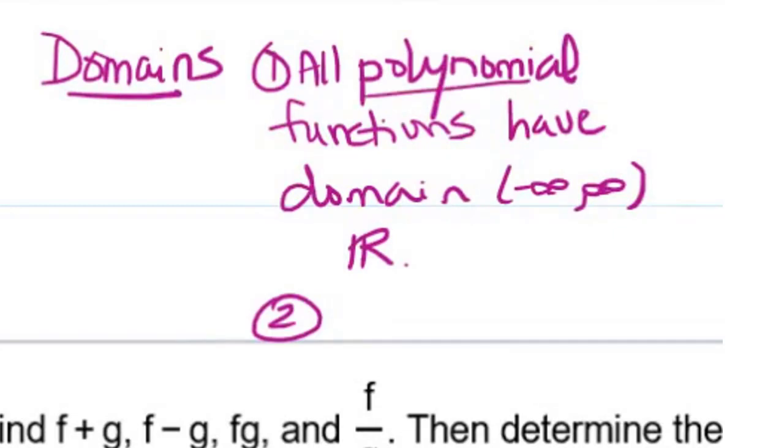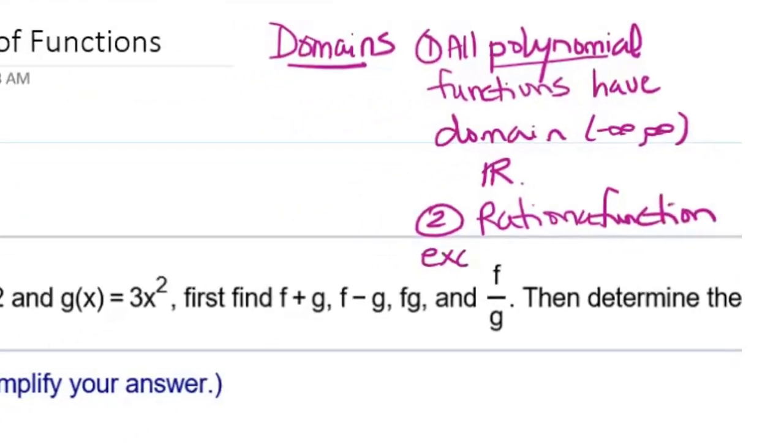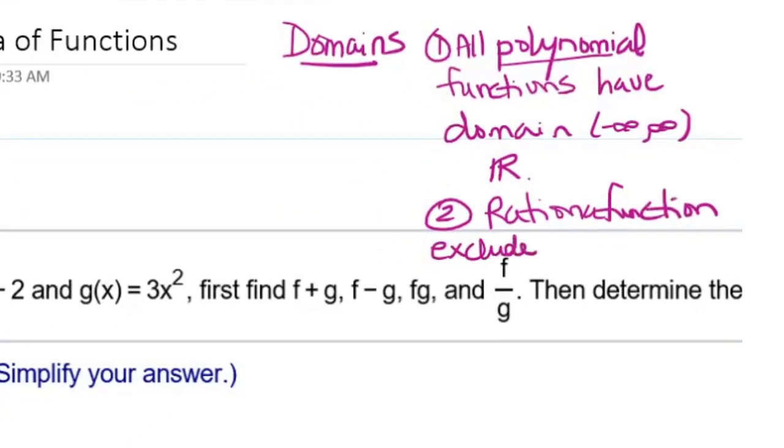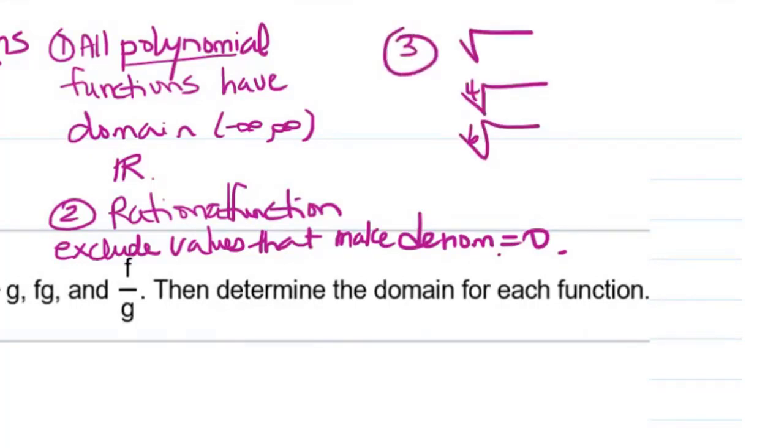Number two, if it's a rational function, which means it has a denominator, we have to exclude values that make the denominator 0. So what you do is you set the denominator equal to 0, solve for x, and whatever you get, you have to leave that out of your domain. And then the third thing you have to keep in mind is, you can't take a square root or any even root of a negative number.